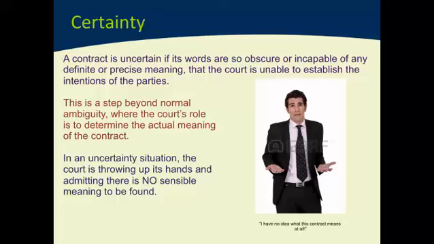Now, this sort of thing happens a lot more than you'd expect, and it particularly happens in cases where you have what we call standard form contracts, which we'll learn a lot more about in week 11 of this course. A standard form contract is one where the same contract is used over and over and over by a commercial party without making any real amendments to take account of the specific circumstances of any particular transaction.